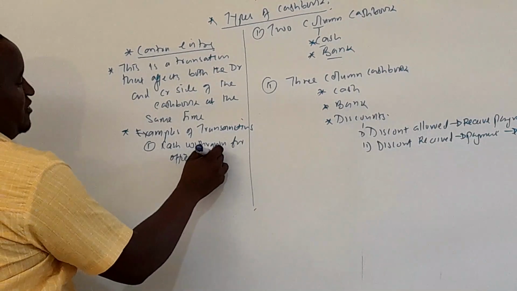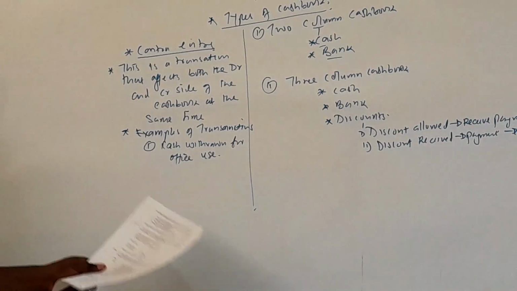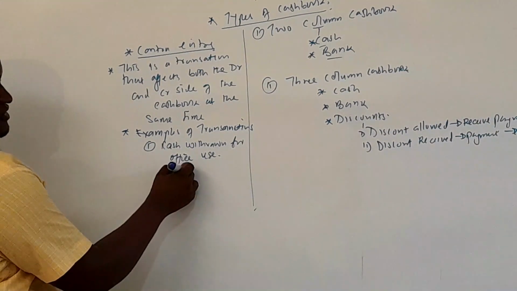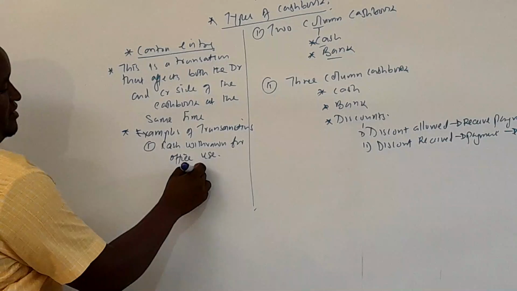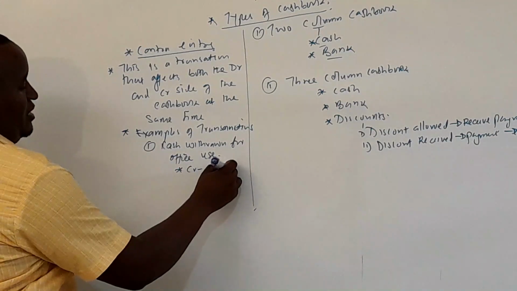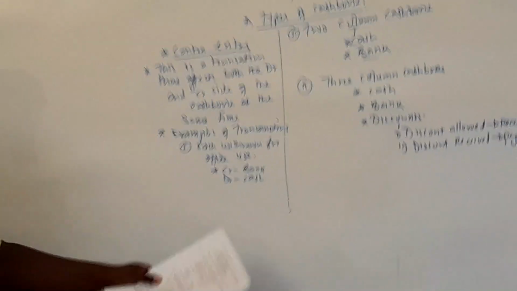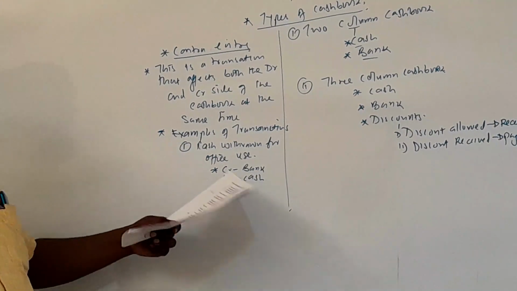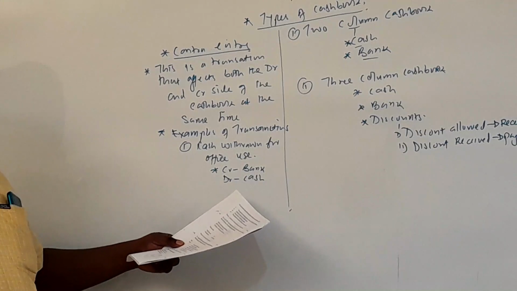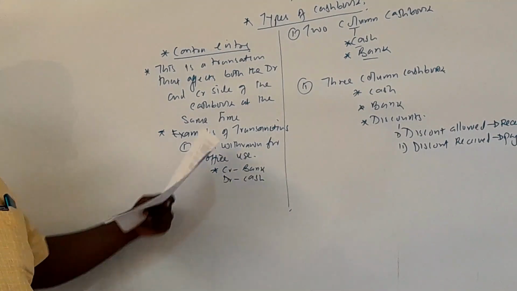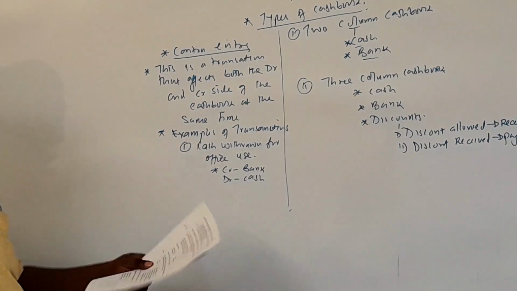If we withdraw money from the bank for office use, it will have a contra entry. We normally credit the bank and we debit the cash, so it will affect both the bank and the cash at the same time. The bank will reduce and the cash in hand will increase. We shall see that in an example. That's why we are calling it contra.